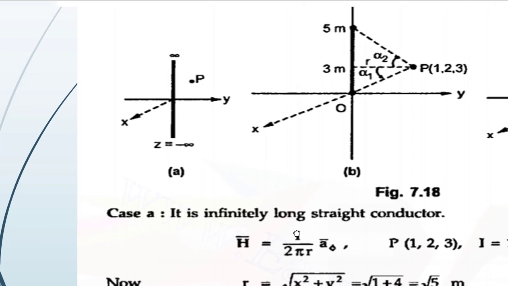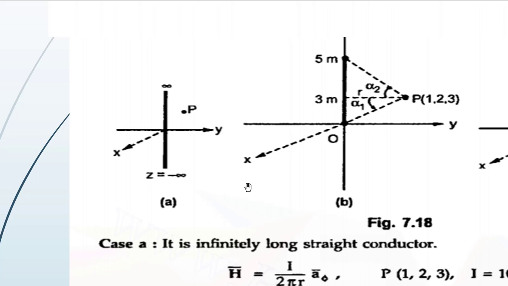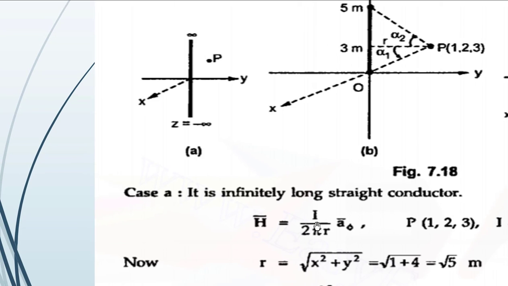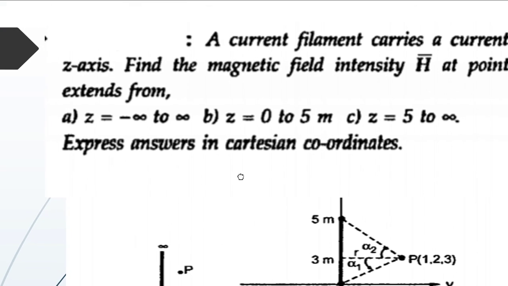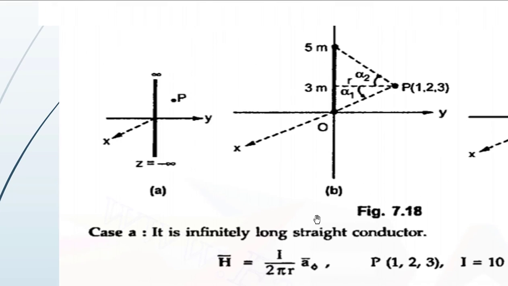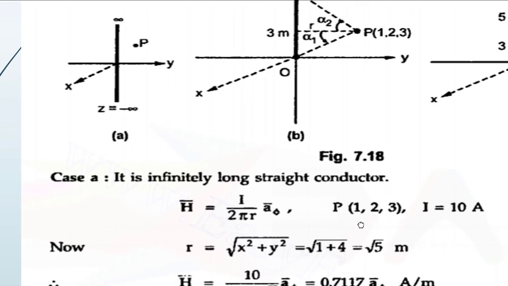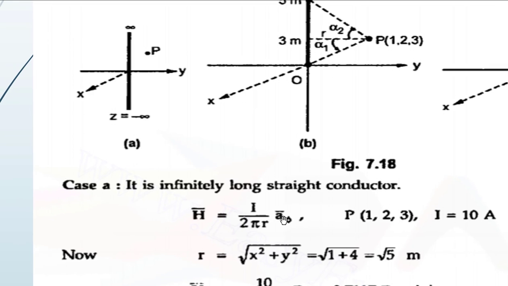Okay, so we have seen this type of example already. I is the current, and the current is given as 10 ampere, and point P is (1, 2, 3). R is the distance between the point P and the filament.